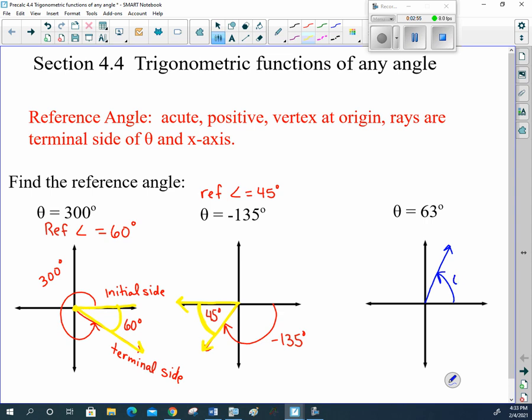We need the x-axis as our one side, and the terminal side as the other. So this is my reference angle, which happens to be the same measure as the angle I have rotated. So the reference angle is 63 degrees.